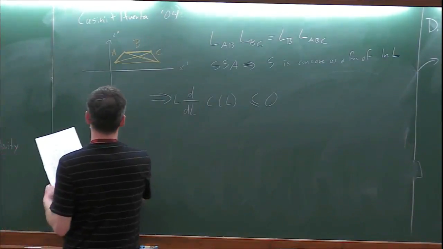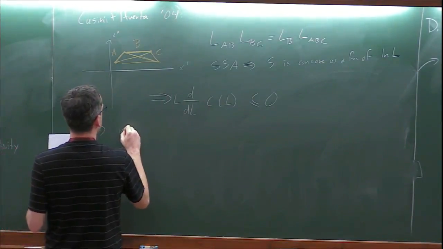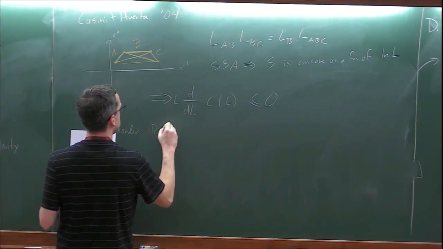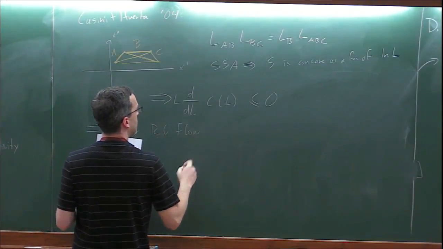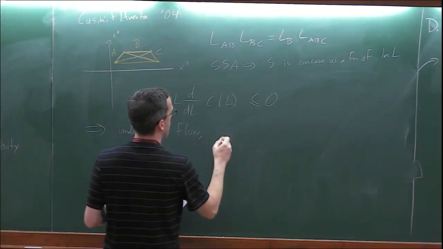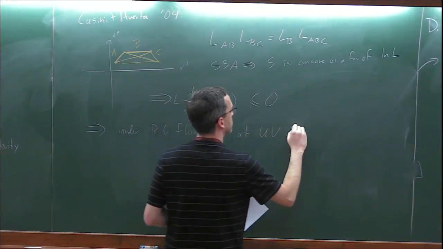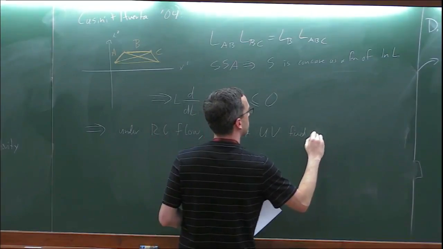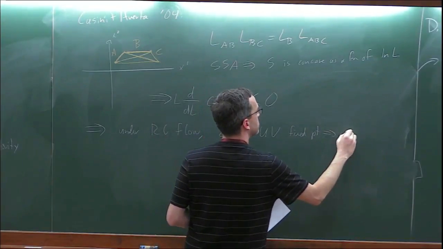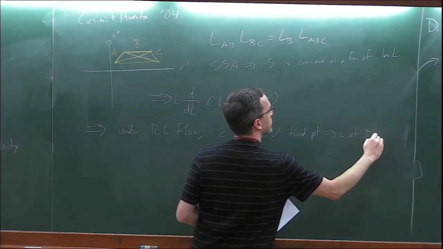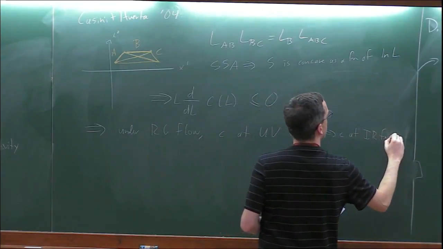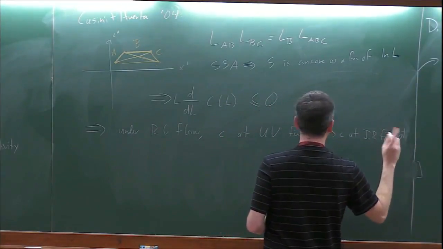Which means that under RG flow, the C at the UV fixed point is larger than C at the IR fixed point, which is something we already knew.